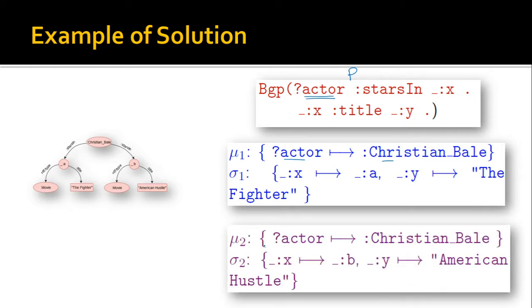What can be another solution? We have the same instantiation. We are instantiating the actor variable with Christian Bale, but we have a different assignment. We are assigning B to X and American Hustle to Y. So you can see that though we have a single solution, we have two assignments. So we have one solution and two assignments.